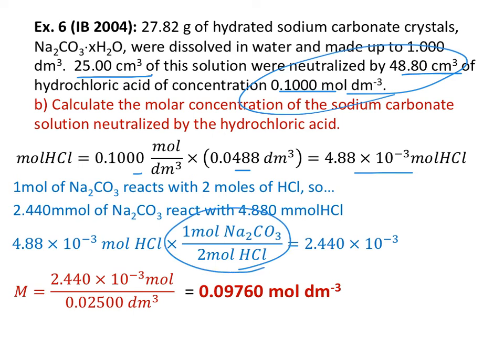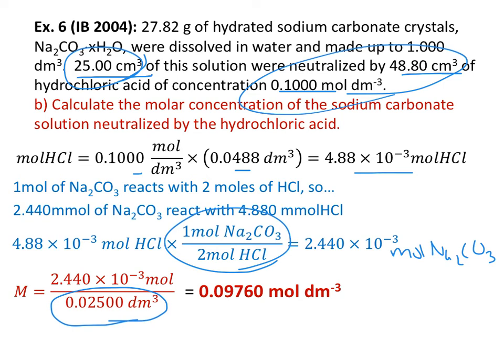This is from the first slide, 1 mole of sodium carbonate to 2 moles of hydrochloric acid, and that's going to give me how much of the sodium carbonate. So the units here would be moles of Na2CO3. And then they did give the volume of 25 cubic centimeters. They didn't show this work either, of converting these cubic centimeters to decimeters cubed, but that's where that comes from.